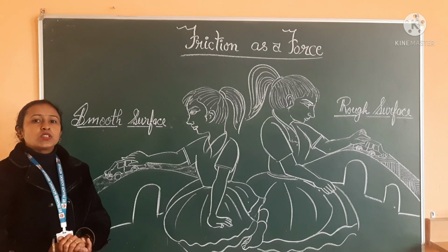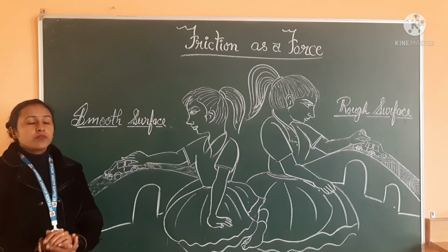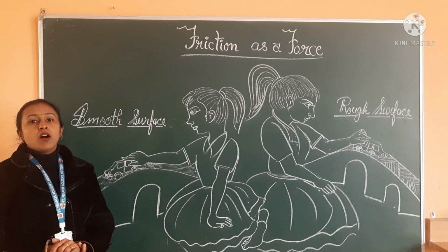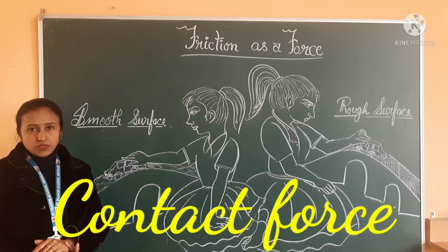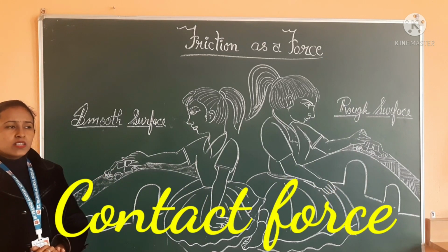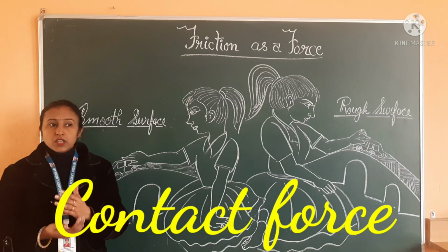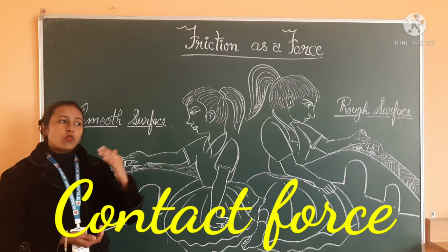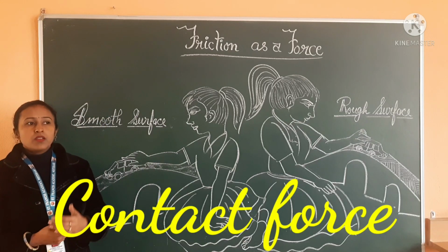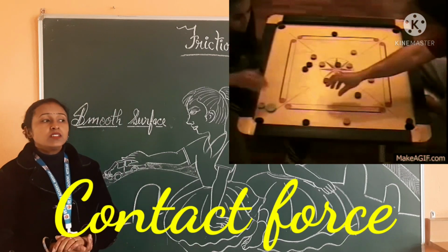In the first four lines, the term written there is contact force. Friction is a contact force. So firstly we have to know what this contact force is. There are two types of forces: contact force as well as non-contact force. The name says contact.